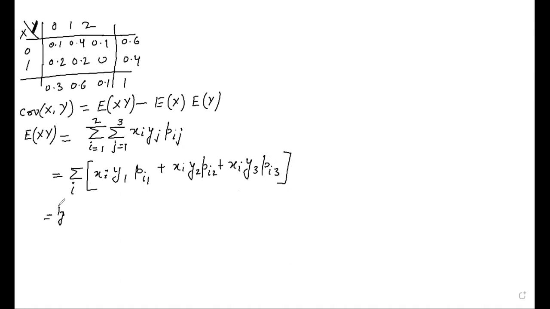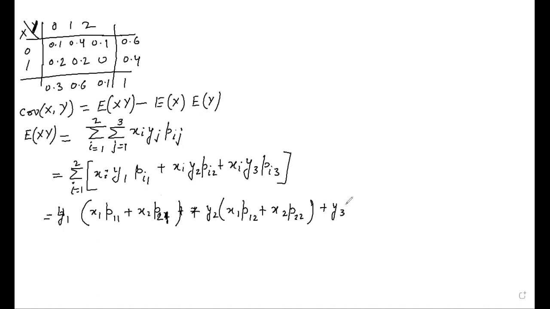So y1 into the summation over i, i varying from 1 to 2: x1 p11 plus x2 p21, plus y2 into x1 p12 plus x2 p22, then y3 into x1 p13 plus x2 p23.